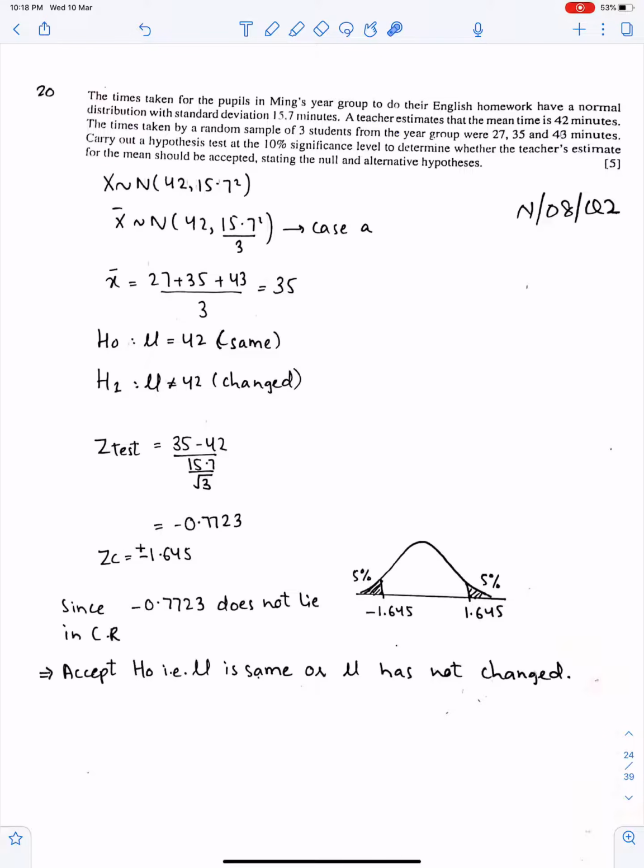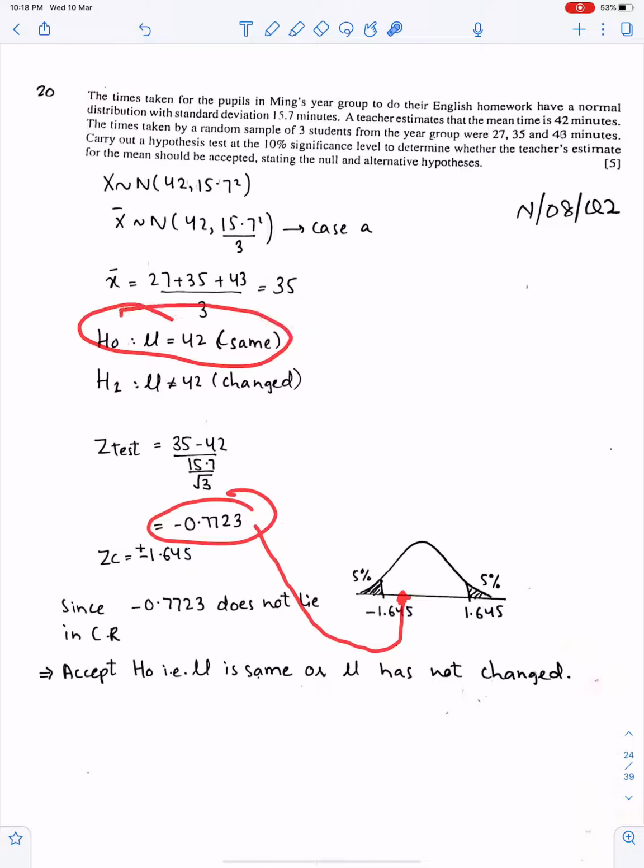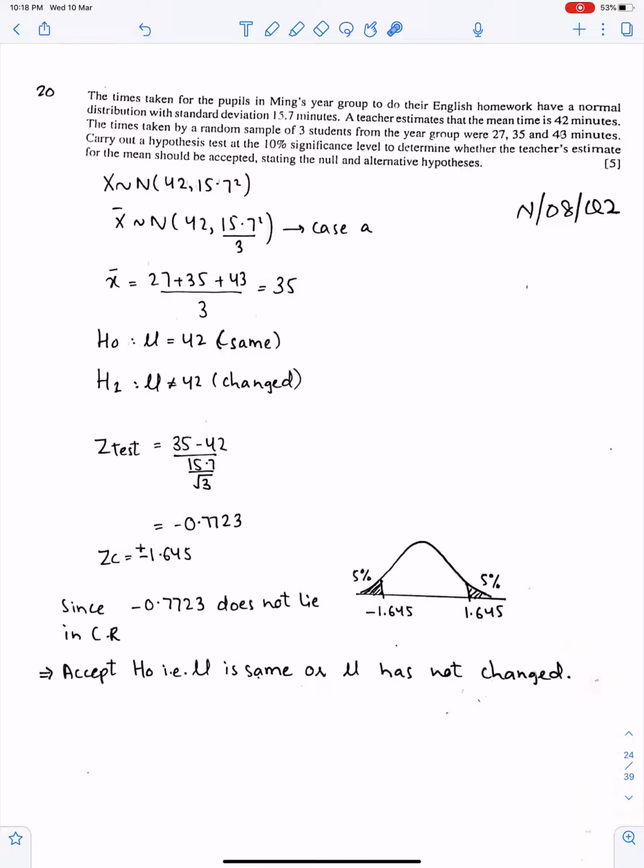So first you need to calculate the z test with the help of this data and this 35. The z test is this, and the critical region is at 5% on both sides. So this value does not lie in the critical region, it lies here. So you have to accept H naught. That means mu is the same, or mu has not changed.